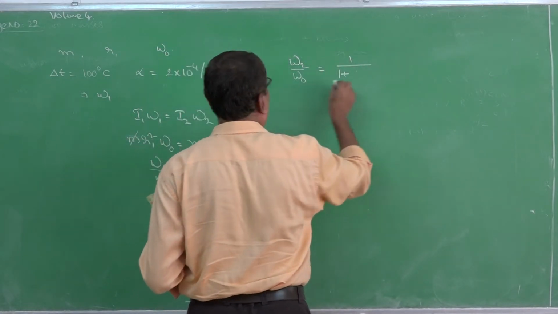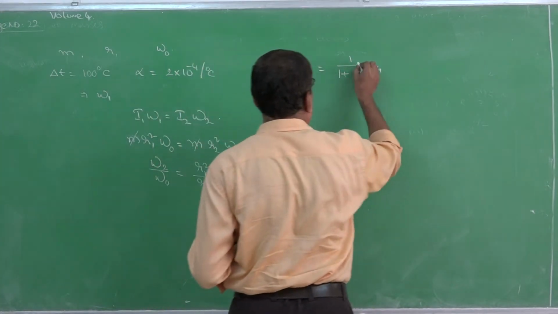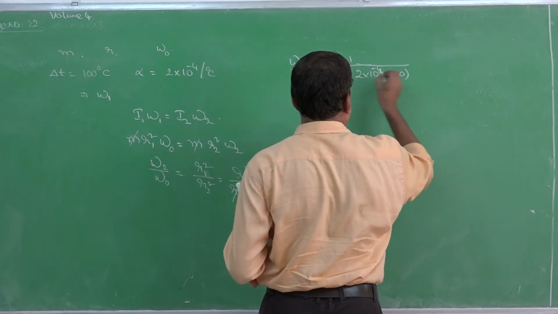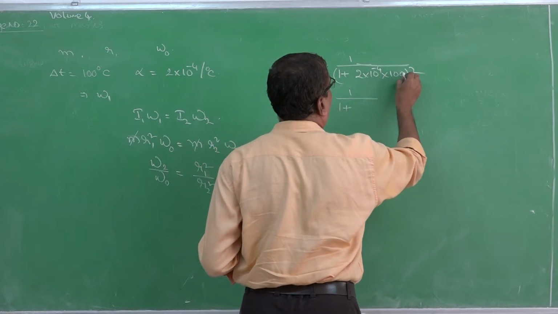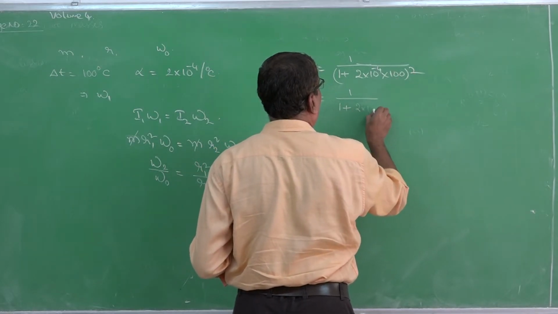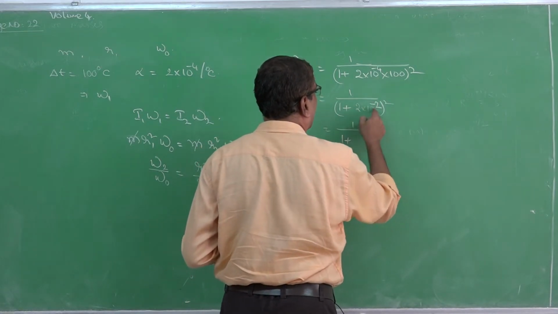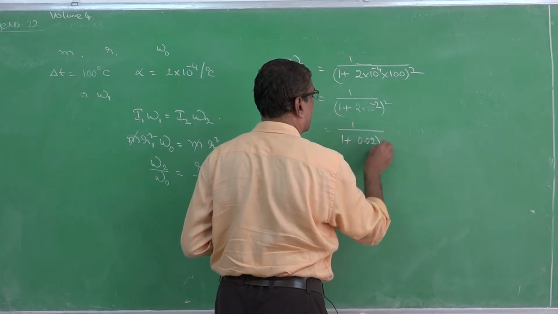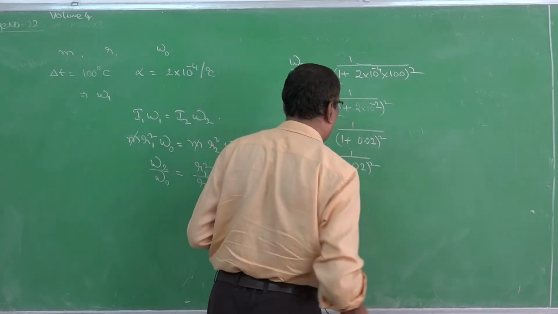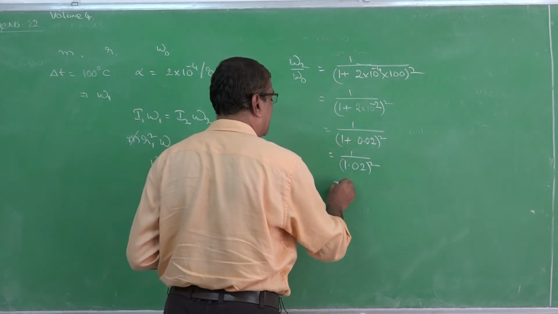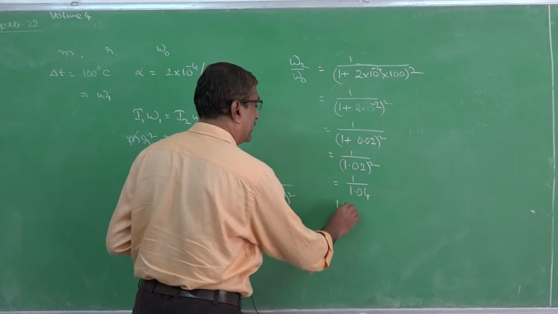Alpha means 2 into 10 power minus 4, into delta t 100, whole square. That is 1 by 1 plus 2 into 10 power minus 2 whole square. That is 1 by 1 plus 0.02 whole square. That is 1 by 1.02 whole square. So this is approximately 1 by 1.04. So the ratio is 1 is to 1.04.